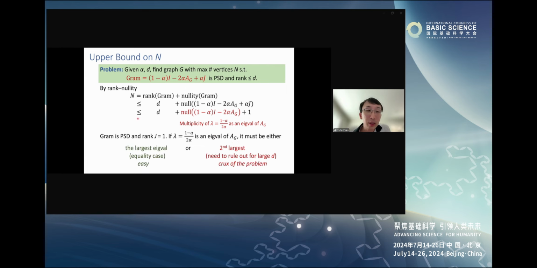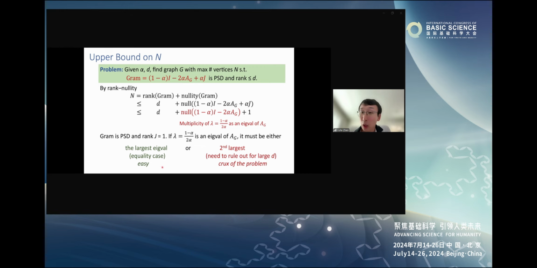So the Gram matrix is positive semi-definite, and because J is a rank 1 matrix, if lambda is an eigenvalue of the adjacency matrix, it must be either the largest eigenvalue or the second largest eigenvalue. So this being positive semi-definite really constrains what lambda can be.